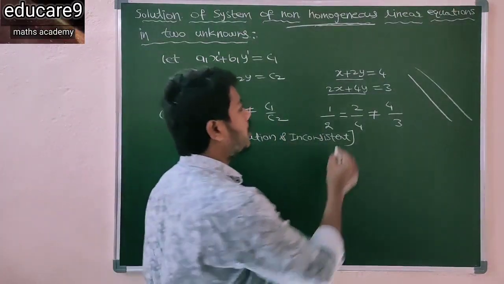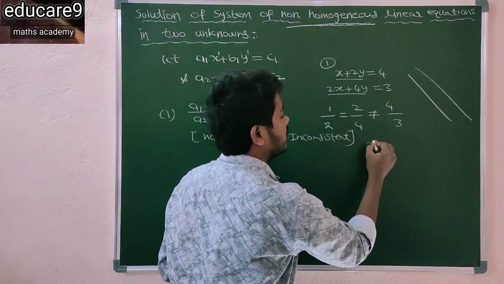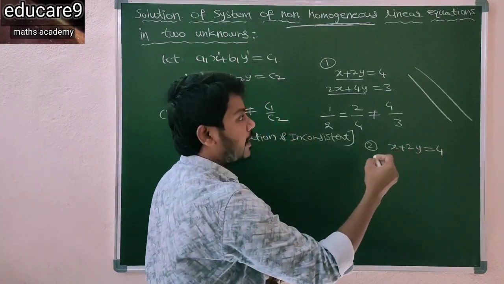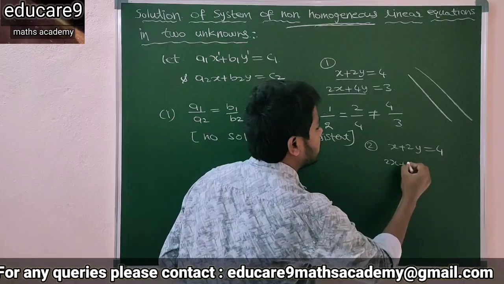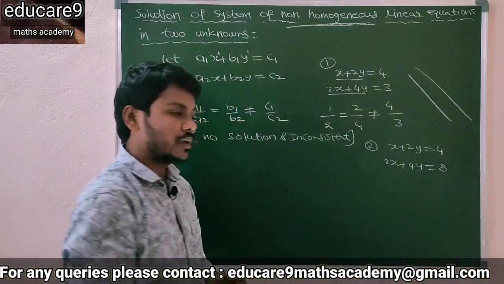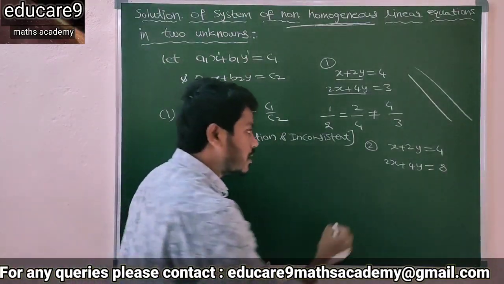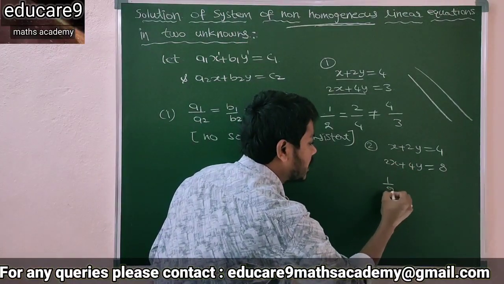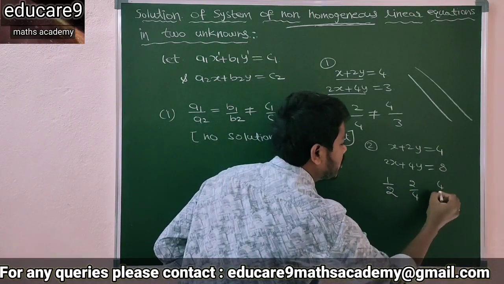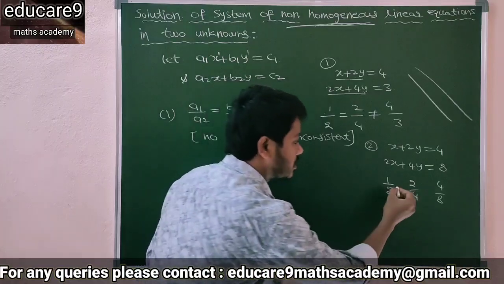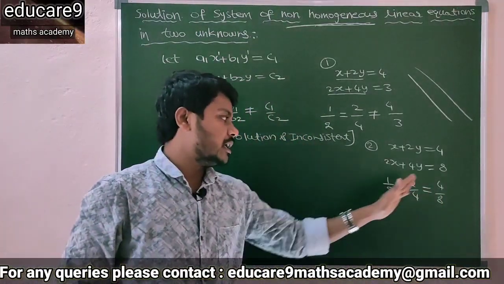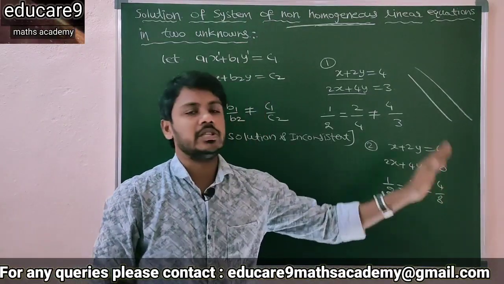For example, this is example 2: x plus 2y is equal to 4 and 2x plus 4y is equal to 8. Here a1 by a2 is 1 by 2, b1 by b2 is 2 by 4, c1 by c2 is 4 by 8. So this is 1 by 2, this is 1 by 2, and this is 1 by 2. Clearly a1 by a2 is equal to b1 by b2 is equal to c1 by c2.